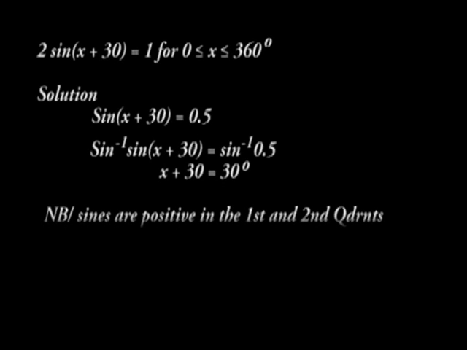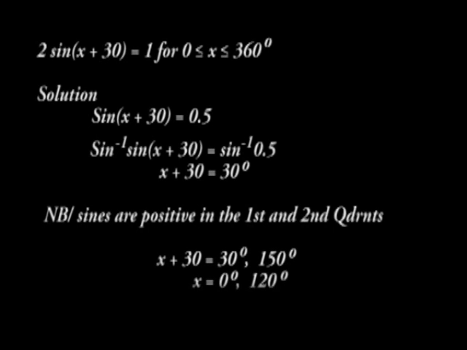In the first quadrant, the angle is 30 degrees. In the second quadrant, the angle is 150 degrees. Hence, we shall have x plus 30 is equal to 30 and 150, and x is 0 and 120 degrees.